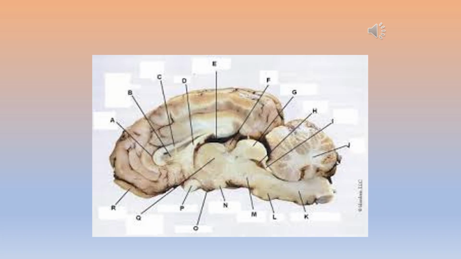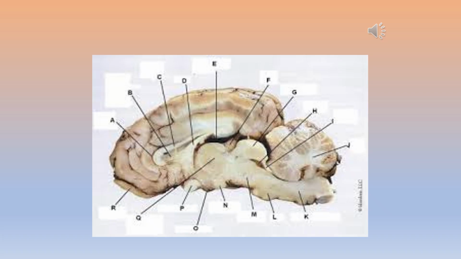Go to E, that is pointing to the space between the thalamus and the fornix. You can see it, it's black, it's open space there. That is the third ventricle. It is in the walls of the lateral ventricles and the third ventricle that we have a structure called the choroid plexus.